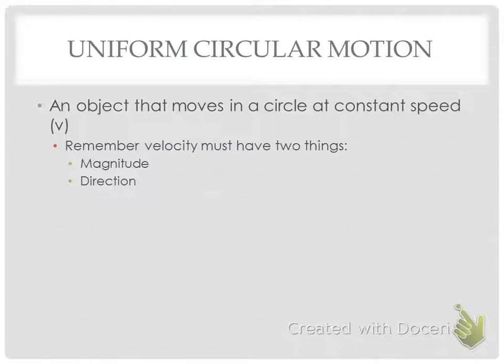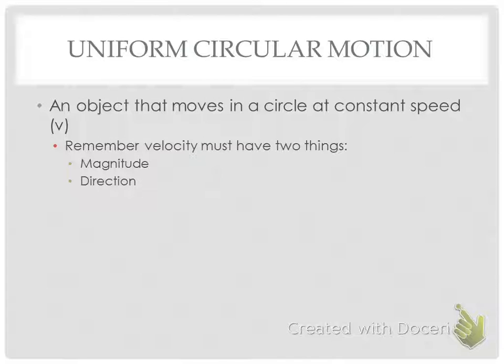We said it moves at constant speed, but we didn't say it moves at constant velocity. As something's moving through its circular path, it's going to be changing directions. If I have an object in a circle, that thing is moving at constant speed, not speeding up or slowing down, but it's constantly changing direction. So we have a change in velocity, even though we don't have a change in speed.